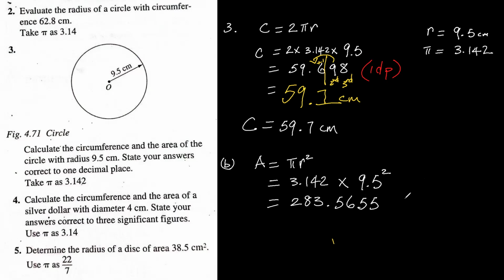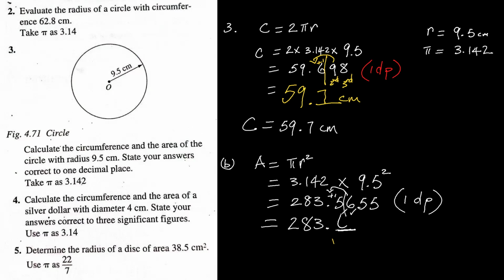But remember, I want the answer to 1 dp. So this is the whole number part, and I only want 1 decimal place here. So I have to look at the second decimal place, which is 6. If it's 5 or more, I have to add 1.